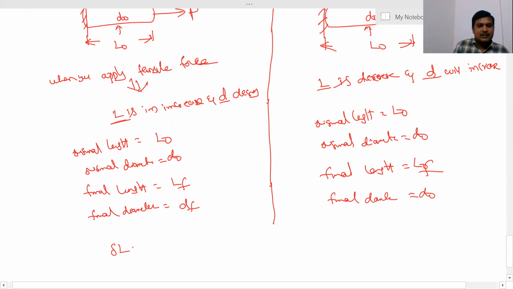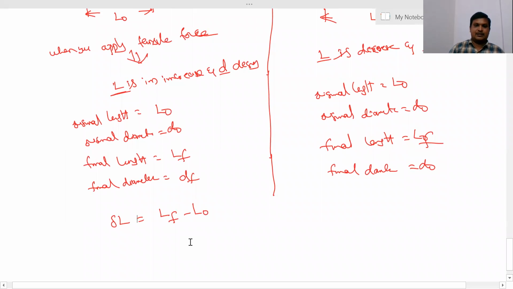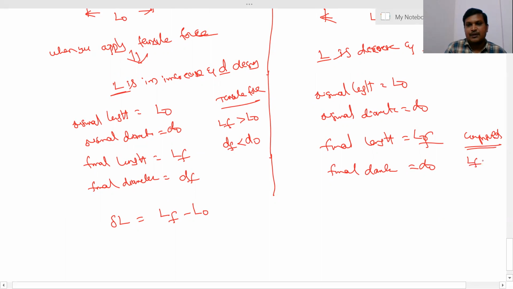So what is the change in length? Final length minus original length. In the tensile force, LF is greater than L0, then DF is less than D0. In the compressive force, LF is less than L0, DF is greater than D0.